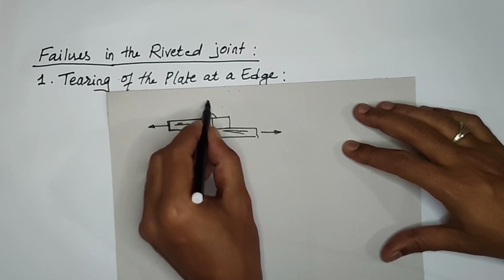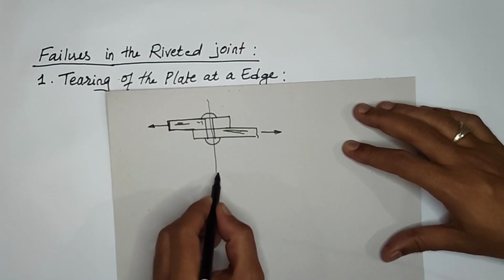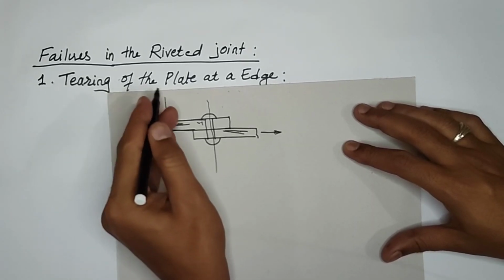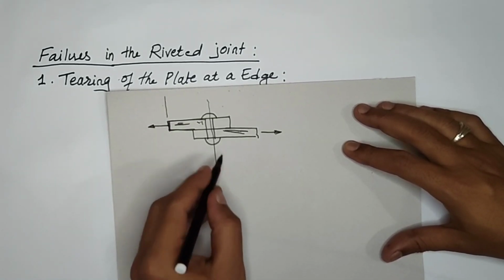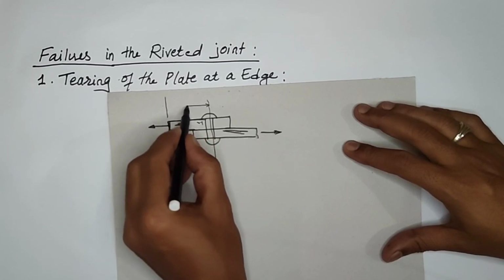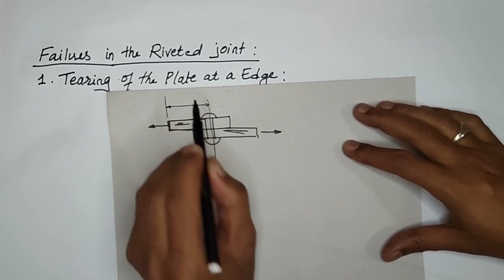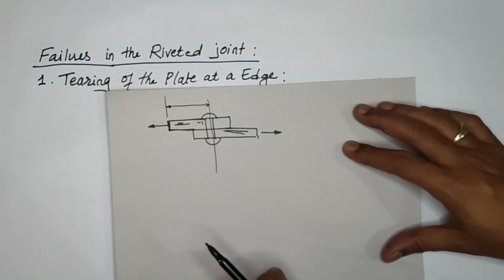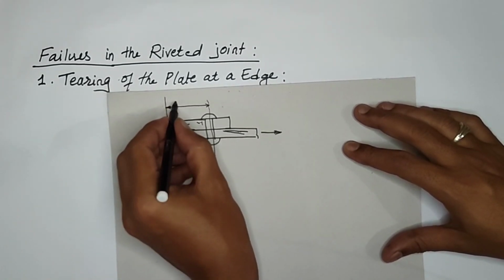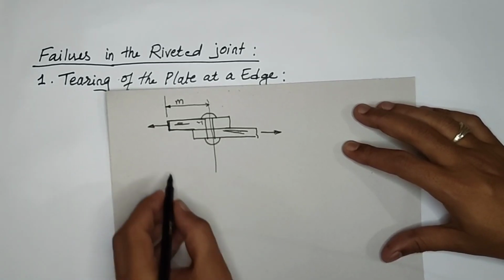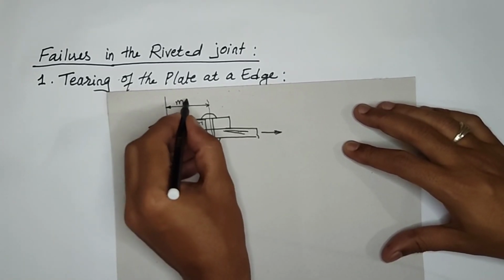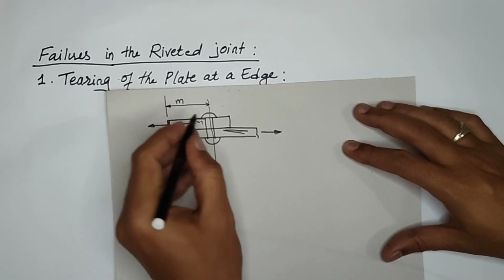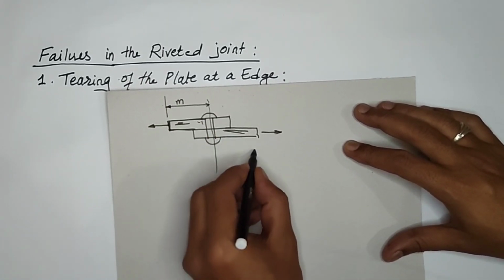For example, if this is the center of the rivet and this is the end of the plate, or edge, and there is a short distance between the two, and you do not maintain a proper proportion, which we call the margin, then the plate can tear. So the margin should be maintained so that we can avoid this tearing of the plate.